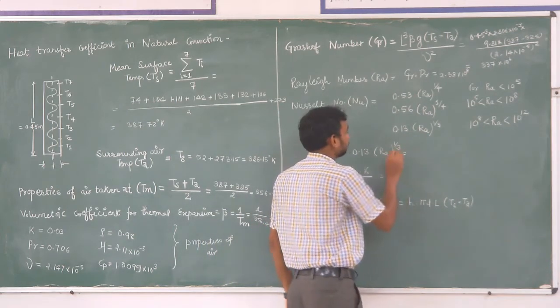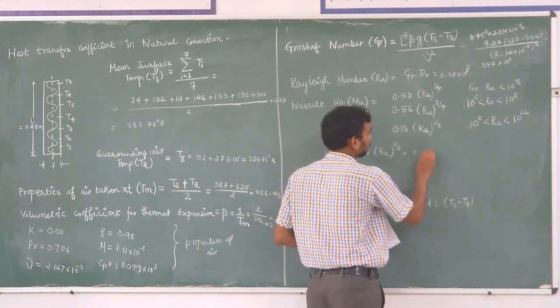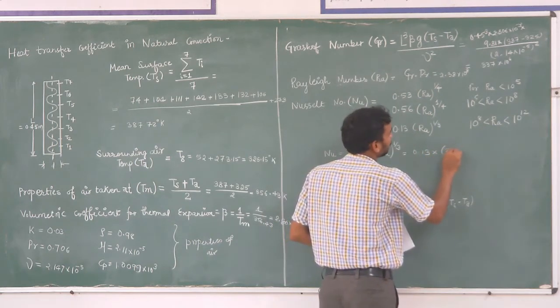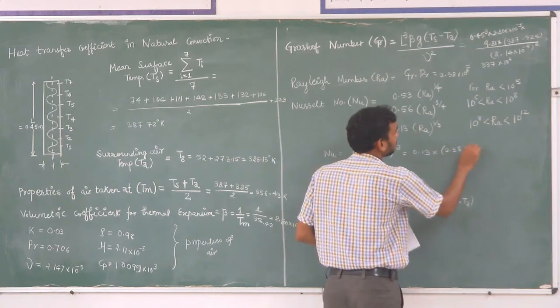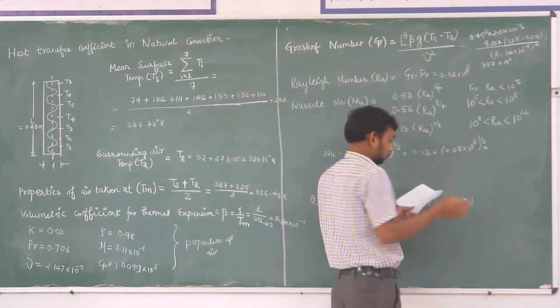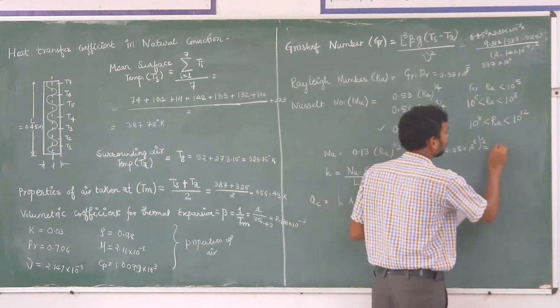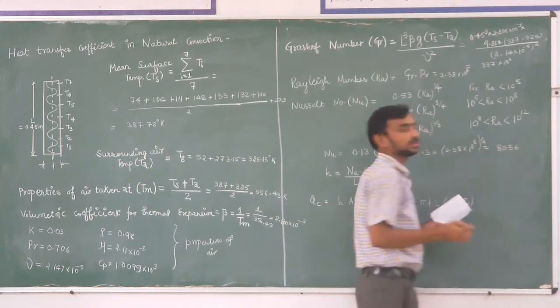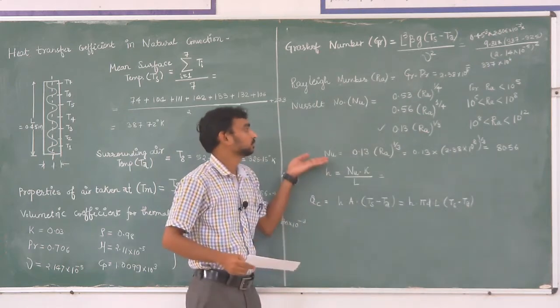So, 0.13, Rayleigh number 2.38 10 to the power 8, to the power 1 by 3. By calculating, Nusselt number comes out to be 80.56, a dimensionless quantity.